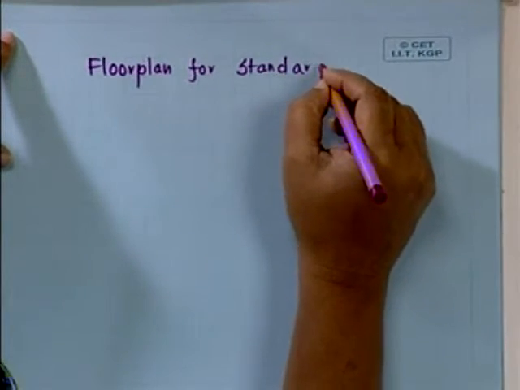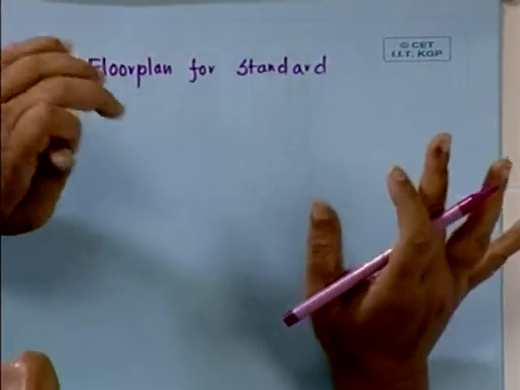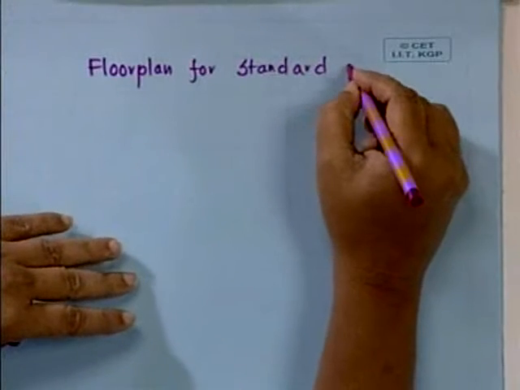What we are discussing, normally all the things nowadays are carried out by some CAD tools. But if you are the developer or you want to develop your own CAD tools, then the issues you have to handle, we are discussing as these introductory questions. But this floor plan for standard cell design.